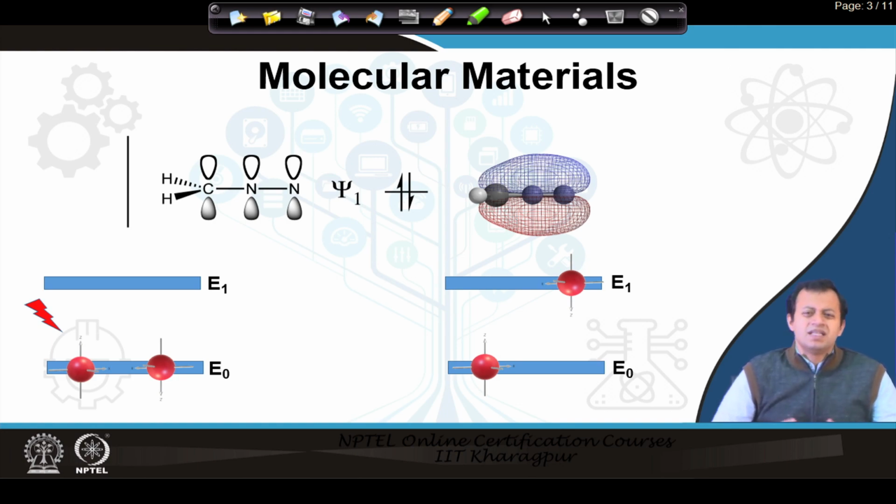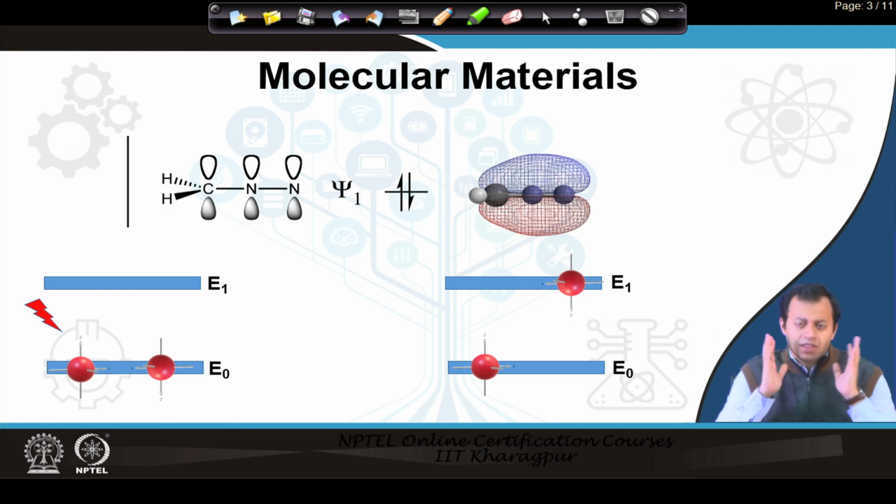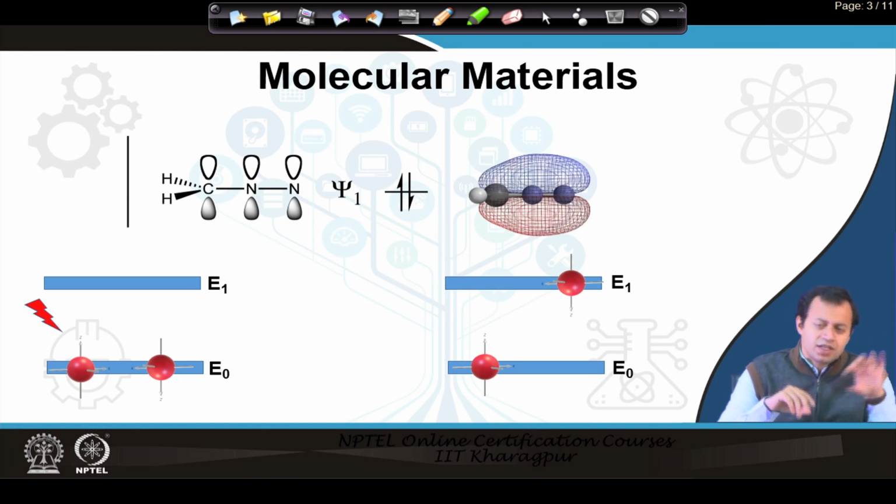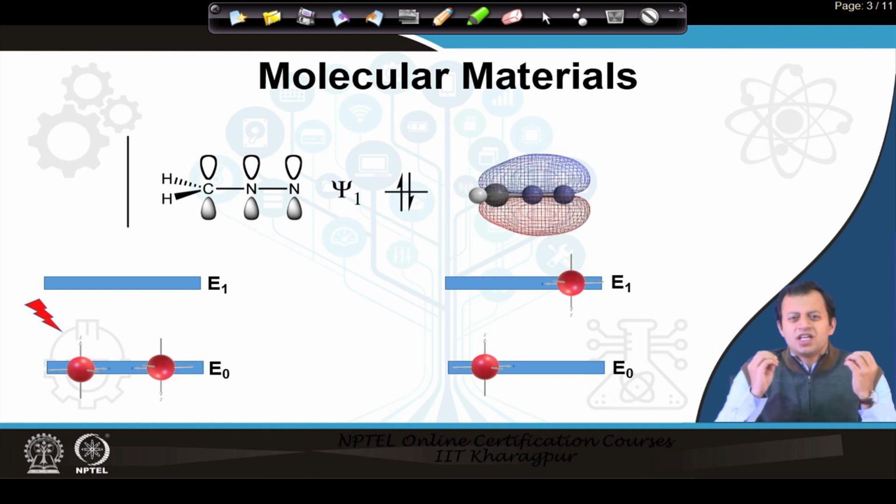Molecular materials, i.e. organic materials, biological materials you can say, mostly deal with saturated materials or conjugated materials. Saturated materials are those in which a chain type of molecular chain is formed where the atoms are very strongly bonded with one another.